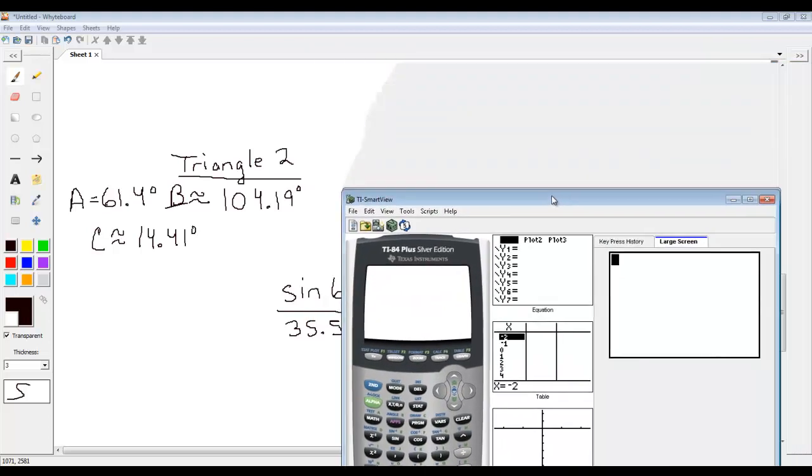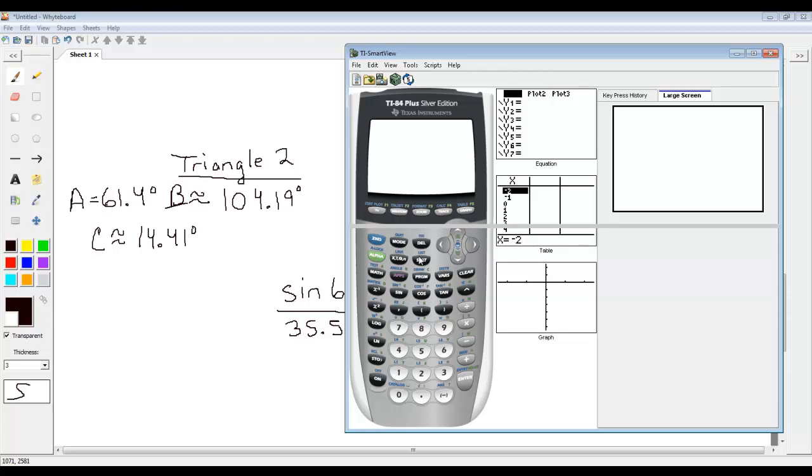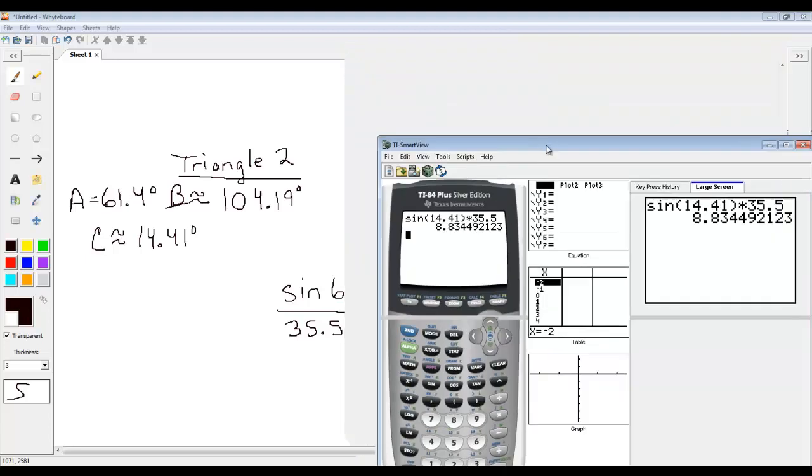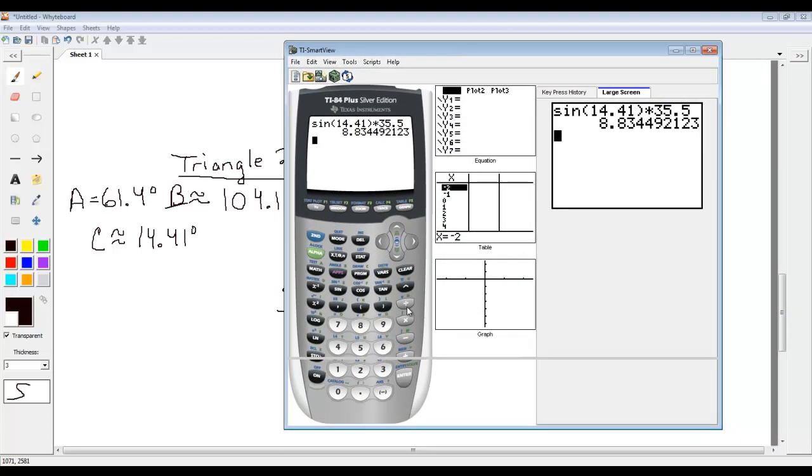So we can do sine of 14.41 times 35.5 and then we'll take that and divide by sine of 61.4. And we get around 10.1 centimeters.